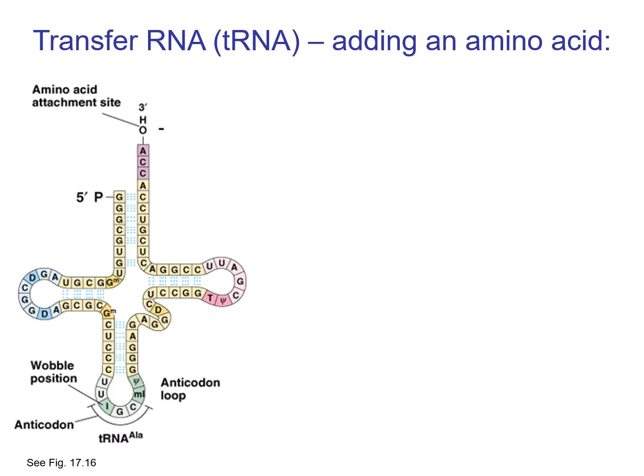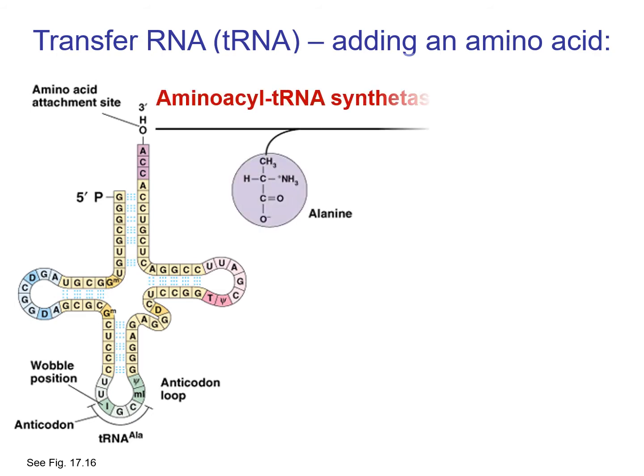Something important to know about these transfer RNAs is we don't just have one of them, we have 20 amino acids. So we have more than 20 amino acyl transfer RNAs. Not exactly 64, some of them double up on different codons, that's not really that important. But something that is important is that we have to get the amino acids onto these things. So there's the transfer RNA. We take these enzymes here. These are called amino acyl transfer RNA synthetases.